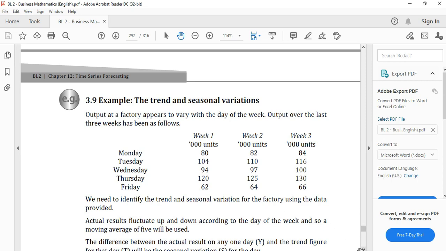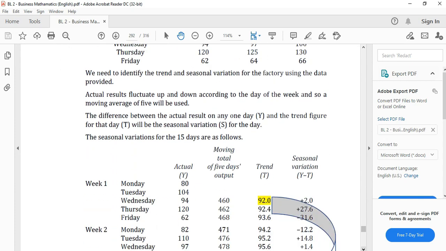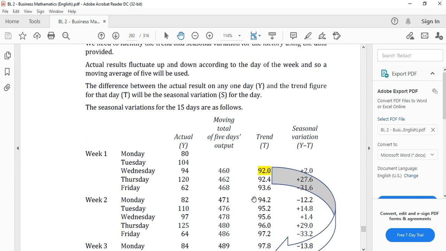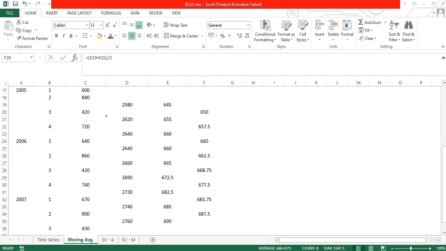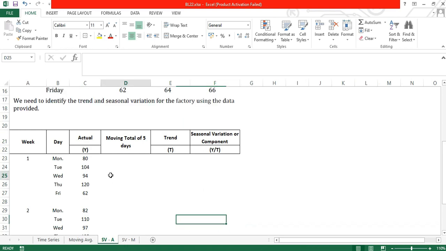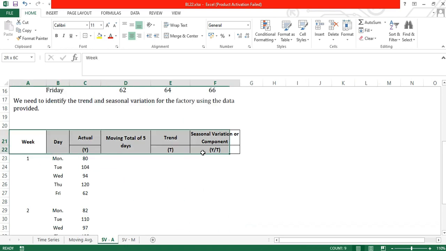So first of all, in a seasonal variation under the additive model, we have a particular format to follow, where this part is fixed, but these two depend on the question.